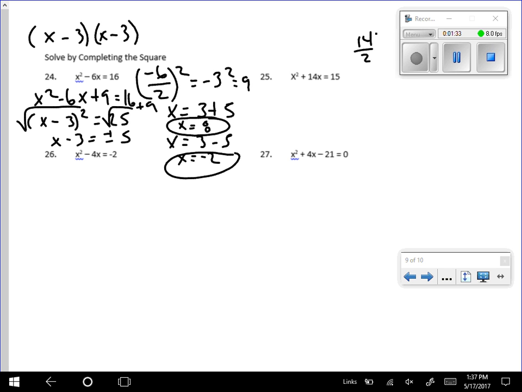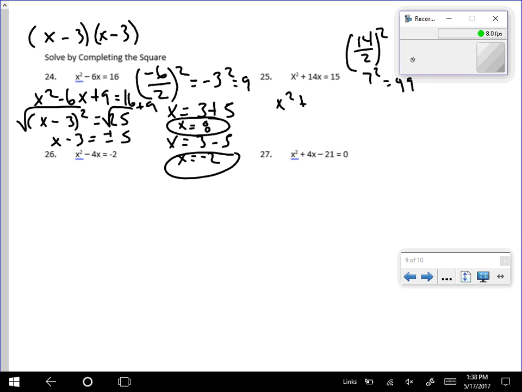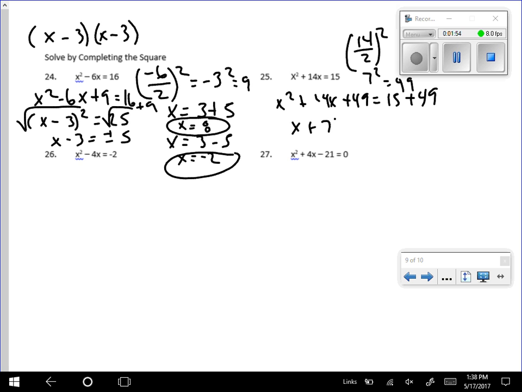14 divided by 2 squared. So that would be 7 squared, or 49. So x squared plus 14x plus 49 equals 15 plus 49. So we would get x plus 7 squared equals, so this would be 64.